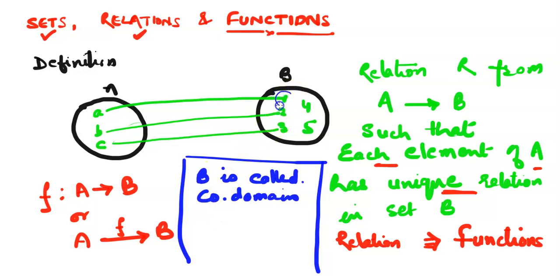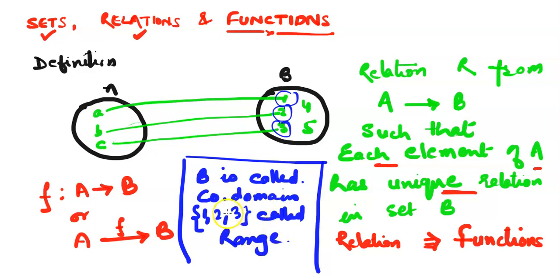The values which are mapped, 1, 2, and 3, is called the range. And A is called the domain. Let's take some examples to solve this and understand it better.